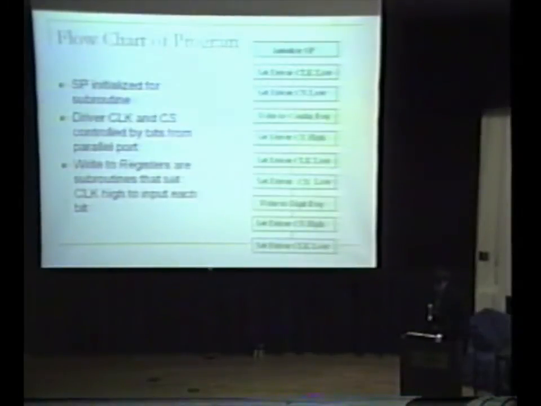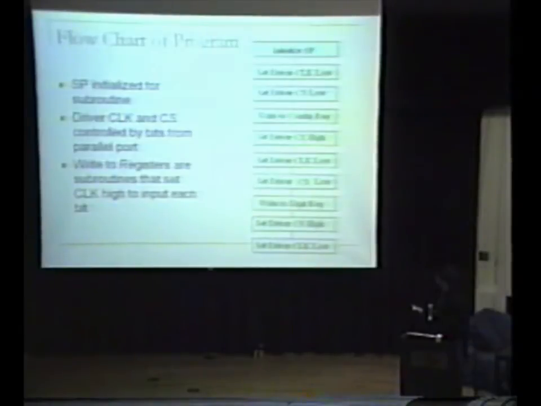Here's a basic flow chart of the program. This only does one character. First, a stack pointer needs to be initialized to some value of the internal RAM of the 8052 microcontroller, and then the driver clock is set low using the parallel port, chip select set low using the parallel port, and then a subroutine is run that sets the configuration register.